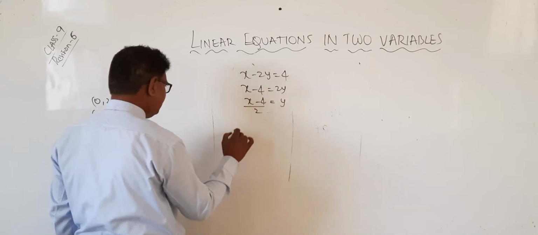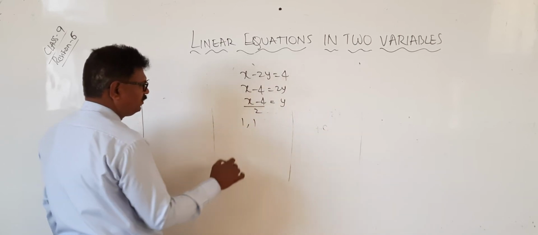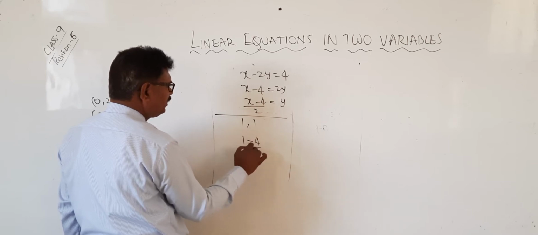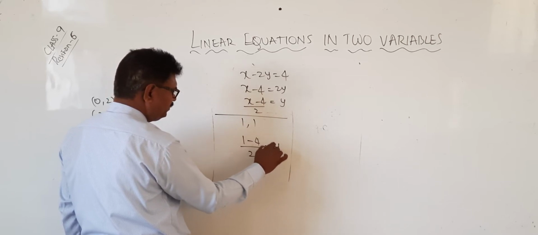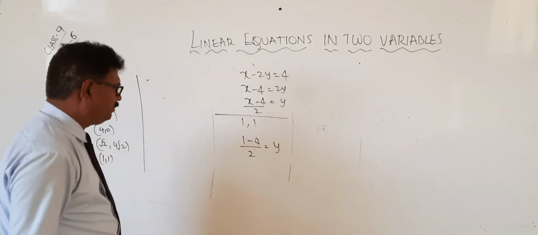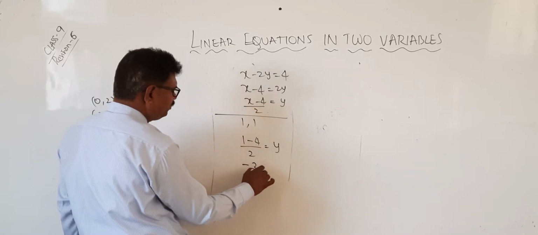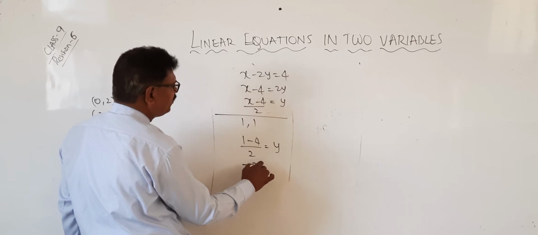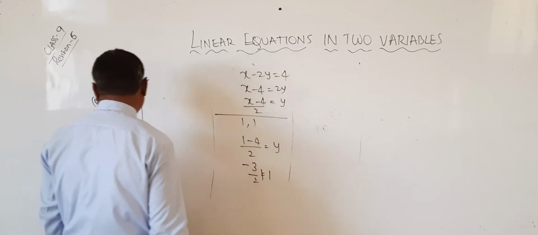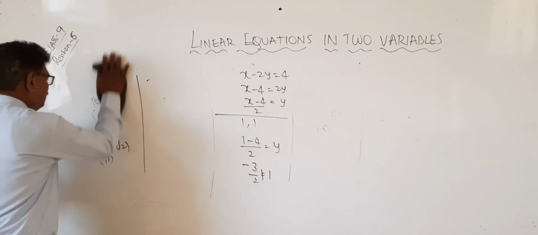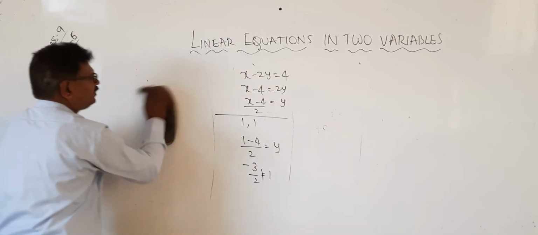Now the last one is (1, 1). Now substitute: (1 minus 4) divided by 2 is equal to y. It is nothing but minus 3 by 2, which is not equal to 1. Therefore, it is also not a solution. So none of these are solutions of this equation. Next one.